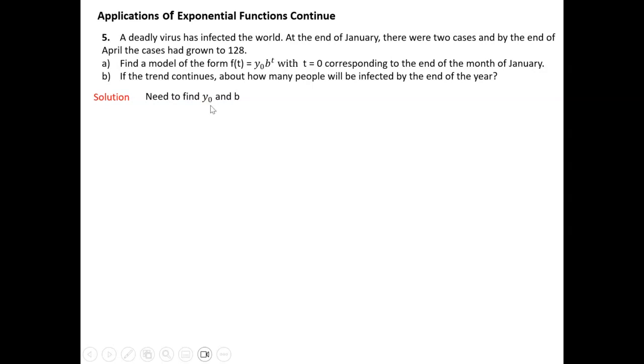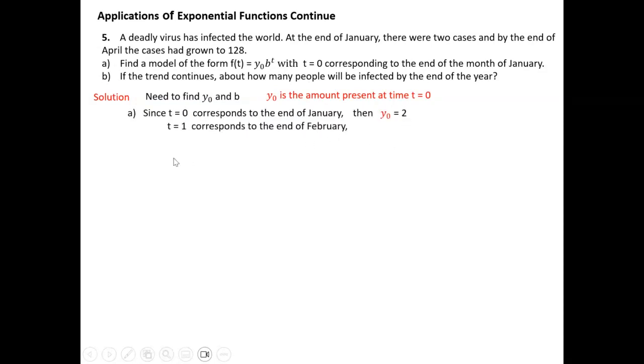We need to know y naught and b. The y naught, guys, is the initial value. The initial value is when time equals 0, so the answer will be 2 for that one. Right, so y naught is 2. Now to find b, we go from the end of January to the end of April, so it's going to be 3, I believe.